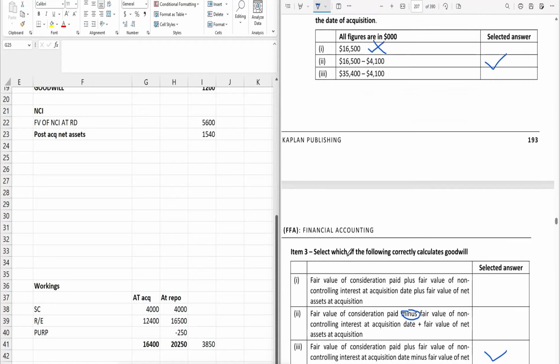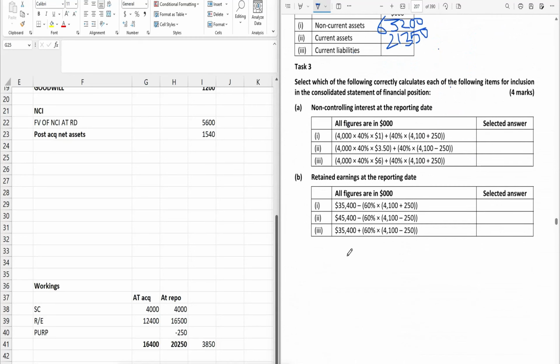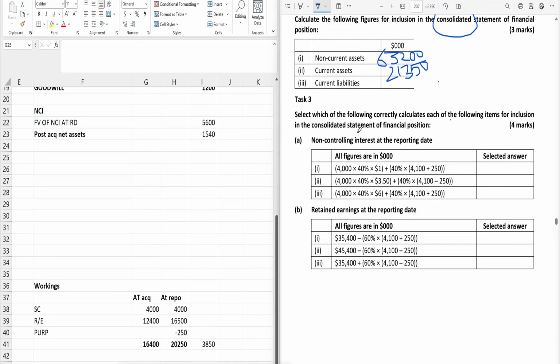Now the question is not asking for the final value, they're asking just to select the correct option. If we have calculated the fair value, it is very easy to figure out which option is correct, because for the fair value of NCI, we took 40% of the 4,000 and multiplied by the fair value of the share of SOW, which is 3.5. There is only one option where 3.5 has been multiplied with the number of shares, right?